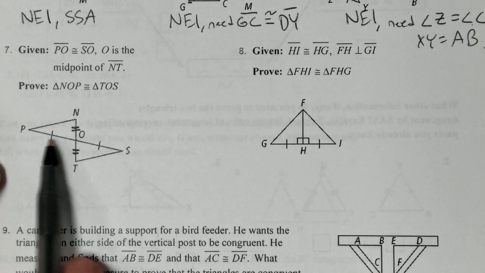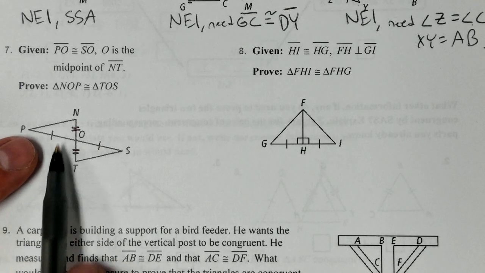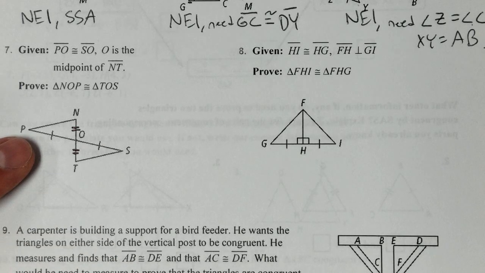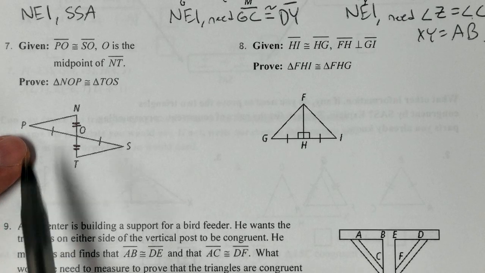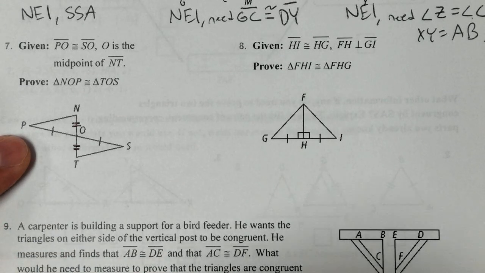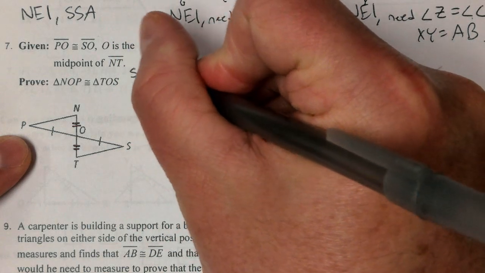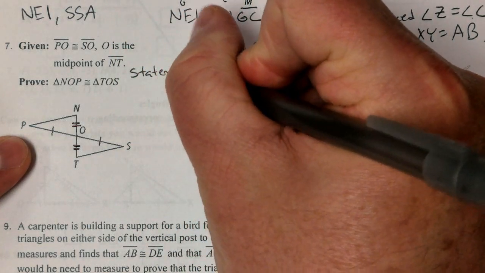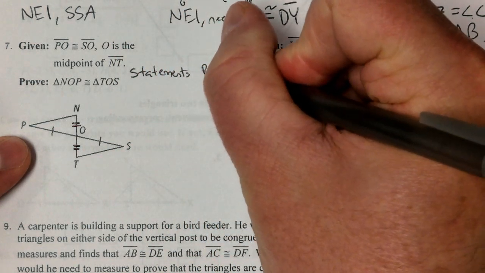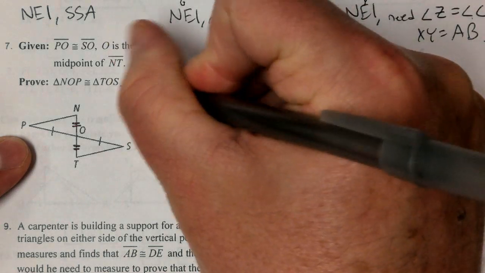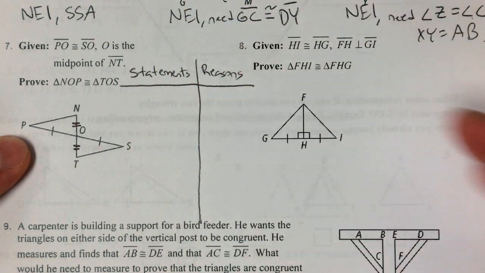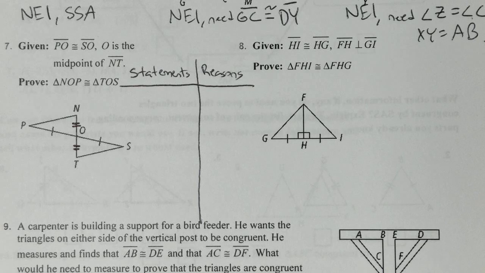So since they've already used 1 mark, I'm going to use 2 marks for this. And they basically want you to do your 2-column proof. You've got statements on the left and reasons on the right. So you do your T-chart.